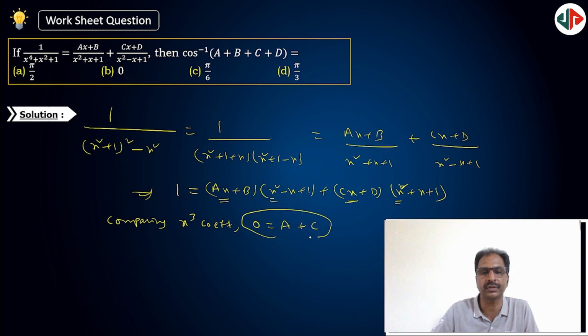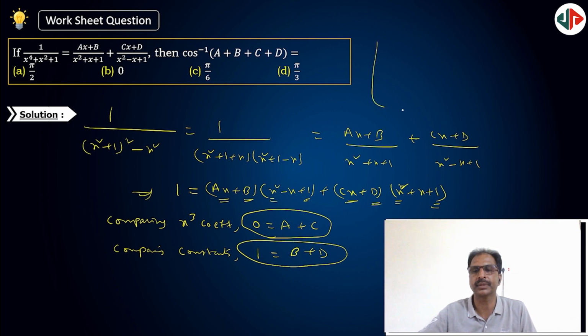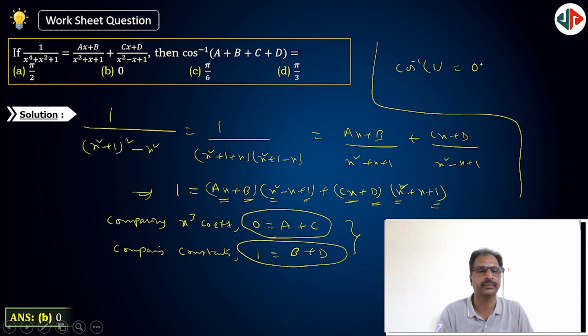So a plus c I got 0. Here no need to find all the constants. We require a plus b plus c plus d. Now compare constants on both sides. Left hand side constant is 1, right hand side constant is b into 1, b, d into 1, d. Therefore, what is a plus b plus c plus d? By adding these two, a plus b plus c plus d is 1. Cos inverse 1 is 0. Option B.